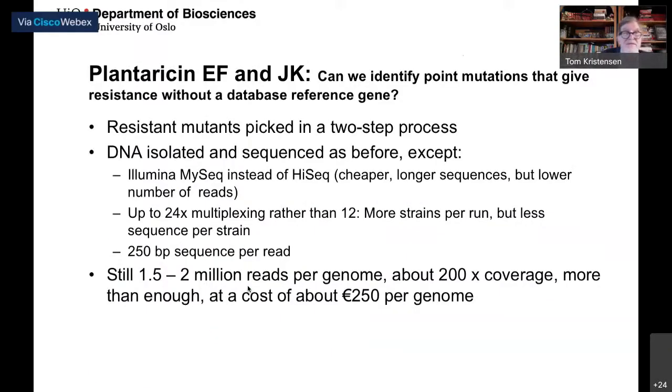We had two peptide bacteriocins, plantaricin EF and JK, and we wanted to see if we could identify the receptor protein the same way as we had done for lactococcin G. But for these two bacteriocins, we didn't have a database reference genome.